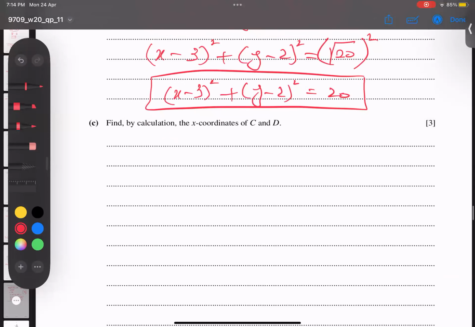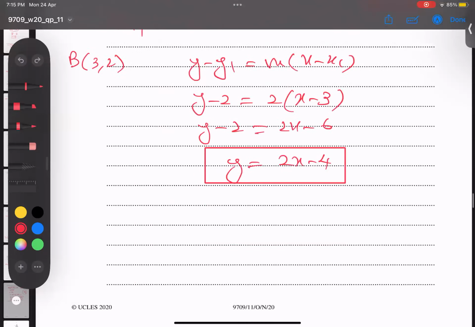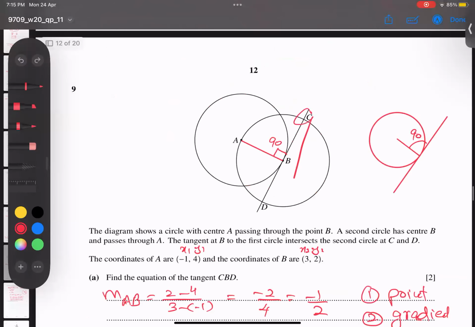He's saying to find the x coordinates of C and D. Where CD, this and this, means the equation of the tangent and circle B. This circle centered at B is intersecting. It means if I solve the equation of circle B with the tangent simultaneously, I get the answers.